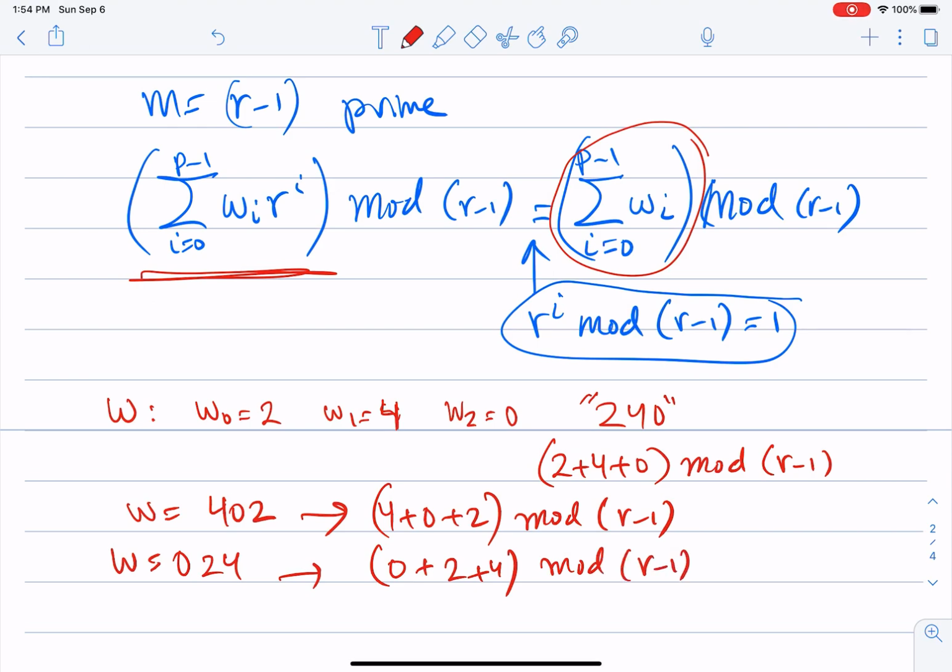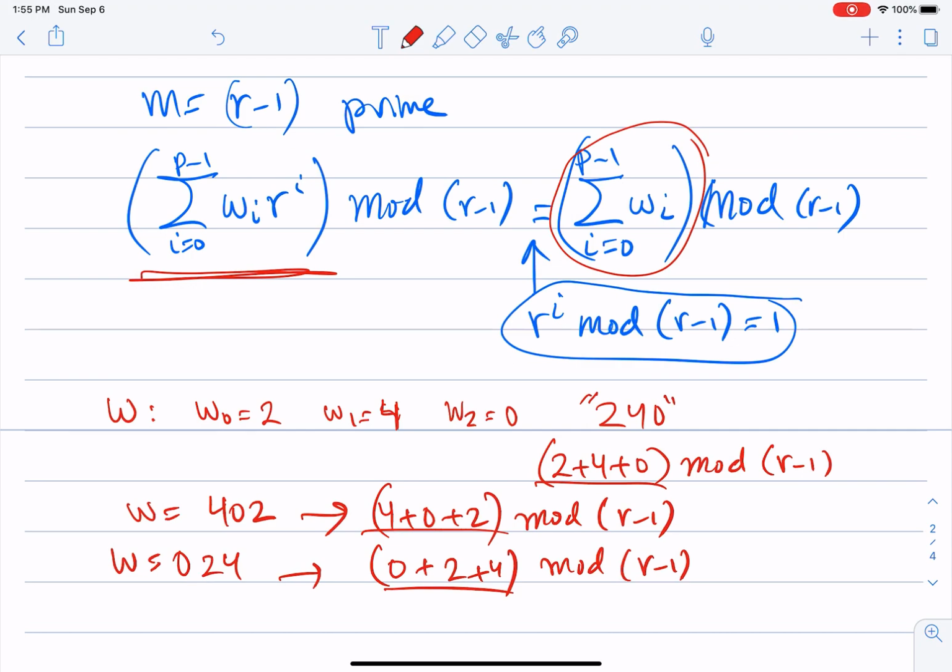What is it that I'm trying to say here? Look at all these, they are all the same. So under this choice of M equal R minus 1, all the permutations of the same string end up mapping to exactly the same slot. Once again, is this good or bad? I don't know. It all depends on the probability distribution on the keys.